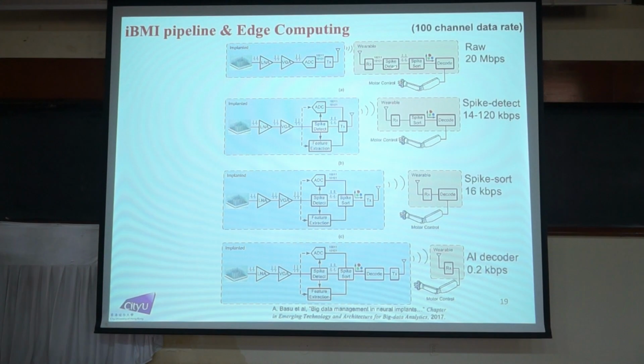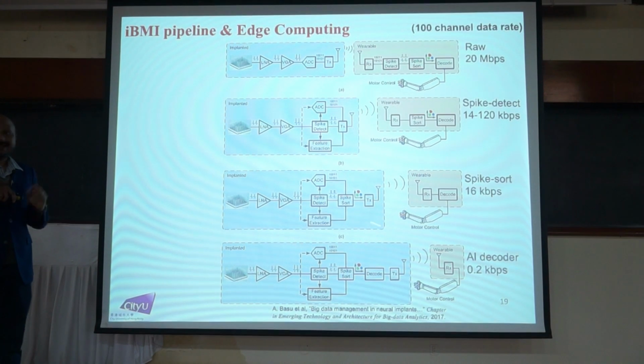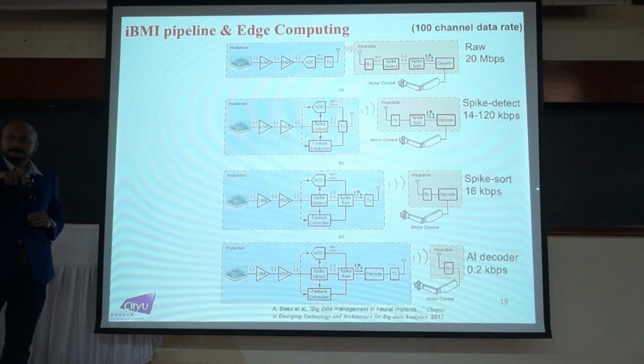Thinking, okay, can I move each of these blocks to the left? Okay, so if I move the spike detector to the left, then I will only transmit the samples corresponding to the spike. You can already get a huge amount of data reduction, about 100x. And this happens because the spikes are sparse in time. Okay, now if you move the spike sorter also here, so that you are not transmitting any raw samples, just the identity of the spikes, you can get another order of magnitude reduction.